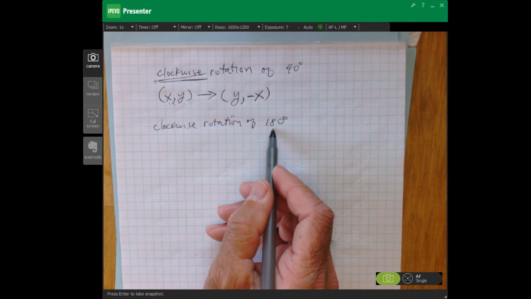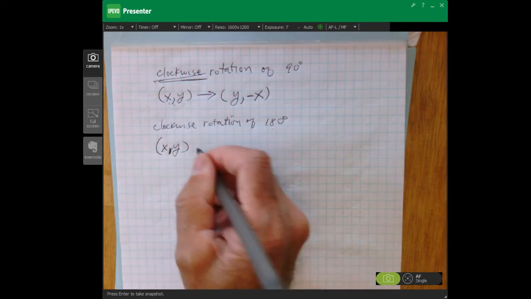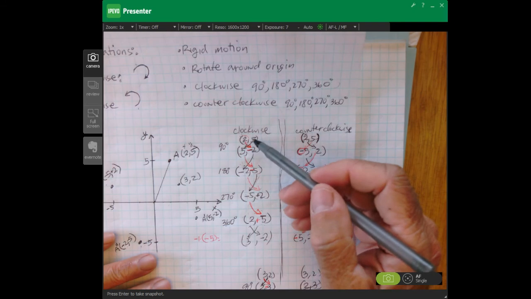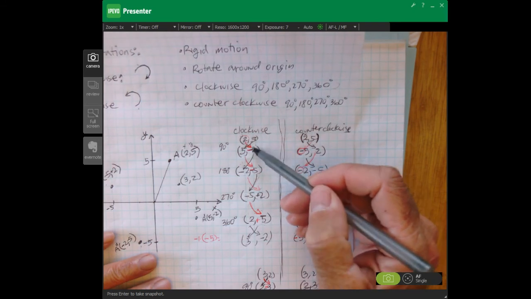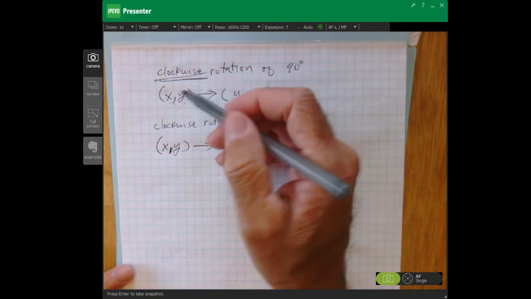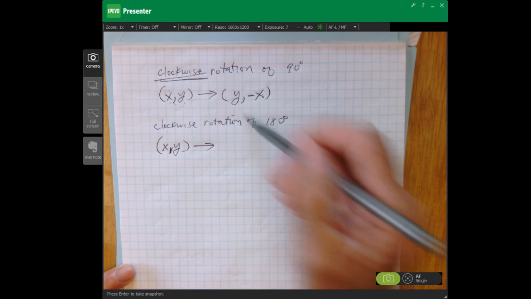So clockwise of 180. That would be going from this one to this one to this one. Okay? So it would be starting out x, y, it goes to here, and then it switches again.